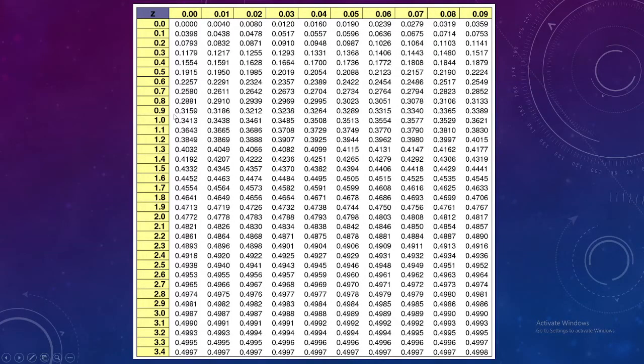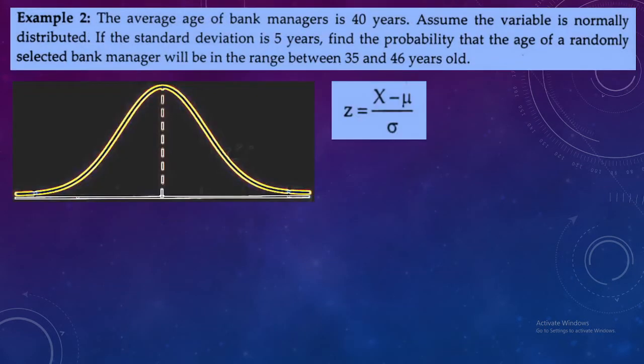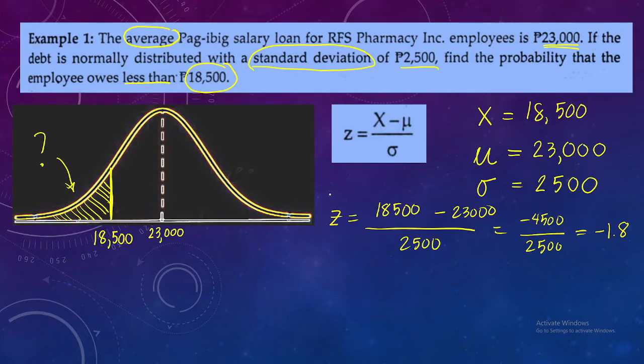There you go. 1.8. 1.8 is how much? 0.4641. So the area here is 0.4641, because this is a Z of negative 1.8. So it's from here to here, 0.4641.